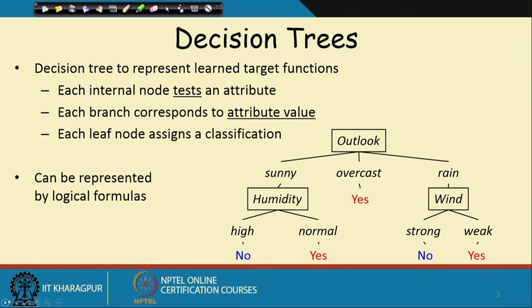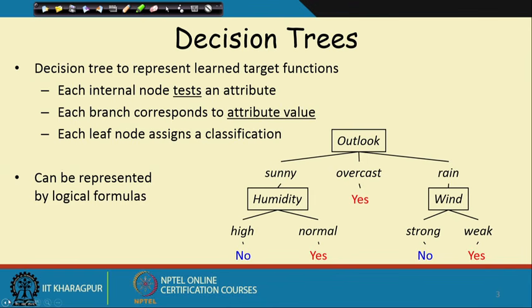So, in the diagram that you see, the outlook value is the root node, and for each possible value of this root node attribute, I have 3 children, 3 branches. So, for example, here sunny, overcast, rain, these are the 3 branches.